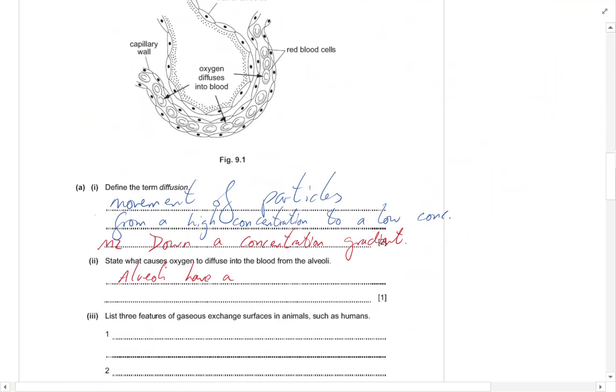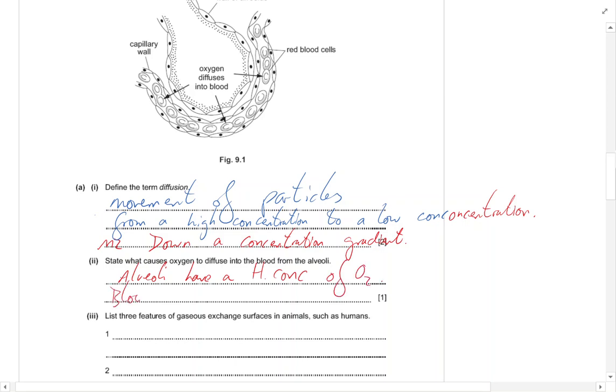Moving on, the definition for diffusion is the movement of particles from a high concentration to a low concentration, down the concentration gradient. State what causes oxygen to diffuse into the blood from the alveoli. Well, the alveoli have a high concentration of O2.